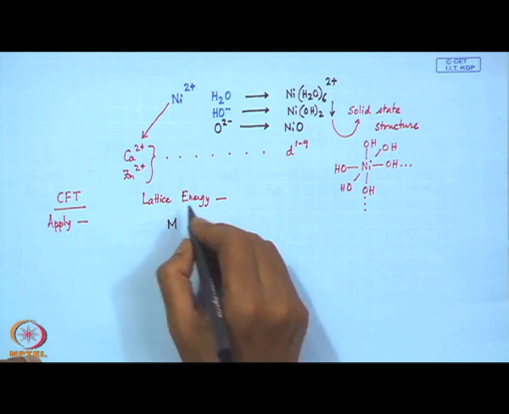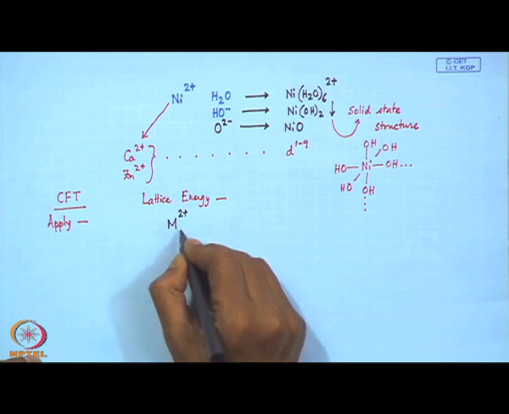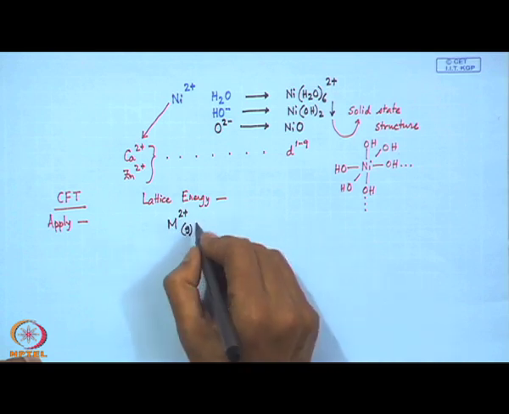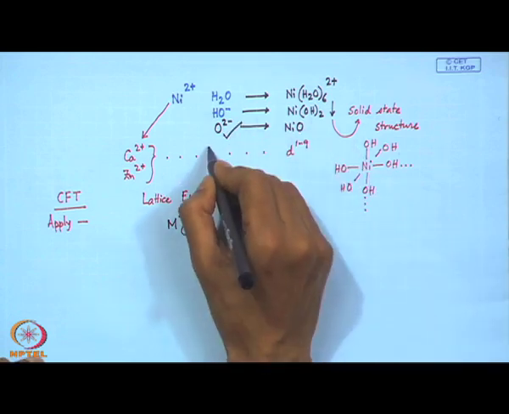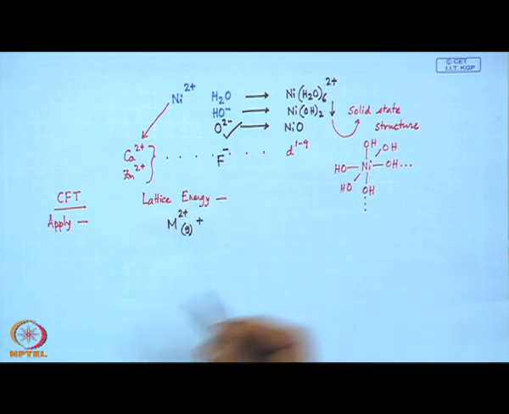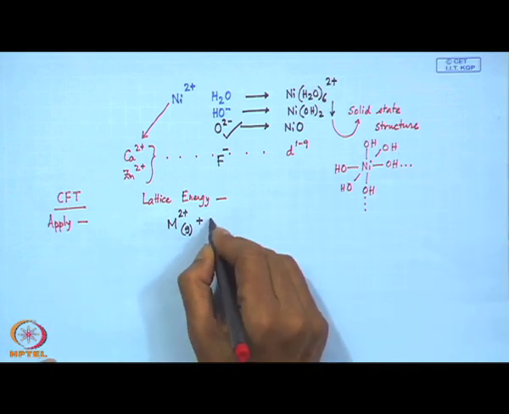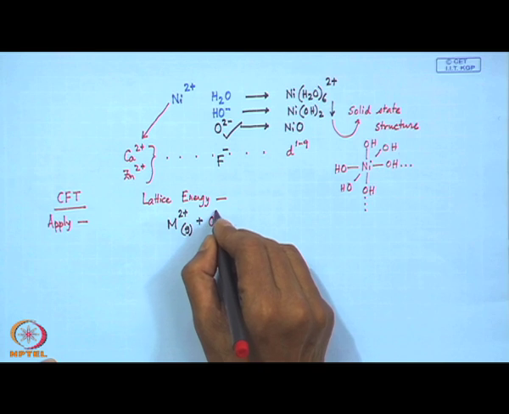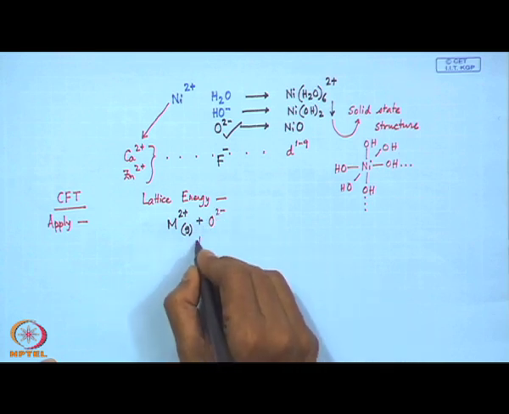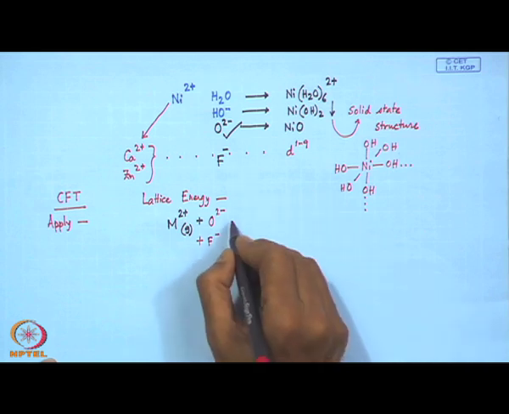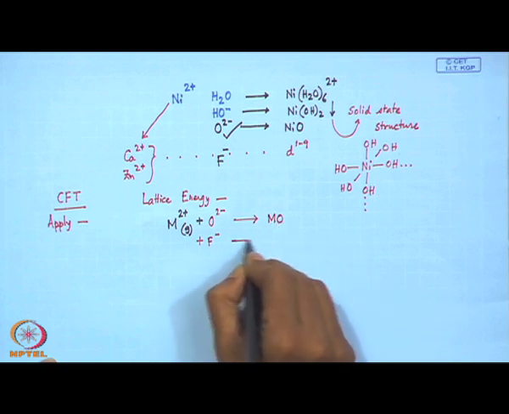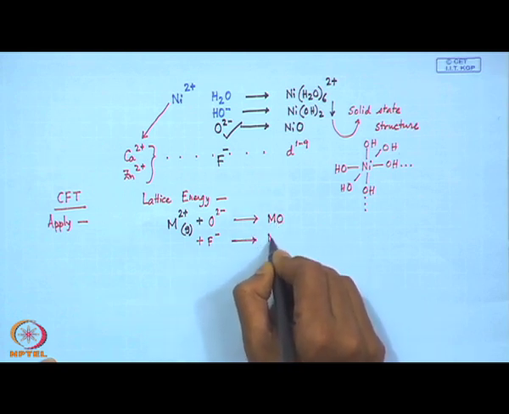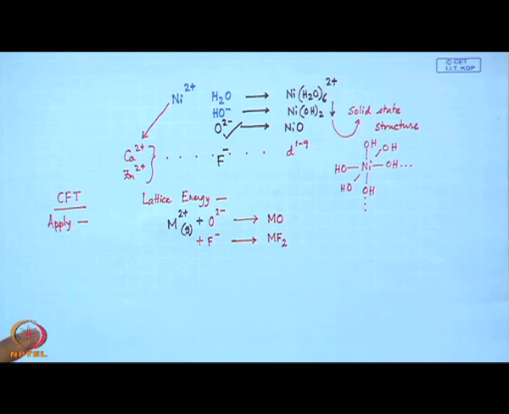So, when this metal ion is present, say M2 plus in the gaseous state, with species like the oxide anion or the fluoride anion, when they react with these anions, O2 minus or F minus, they give rise to the formation of the corresponding oxide or fluoride.